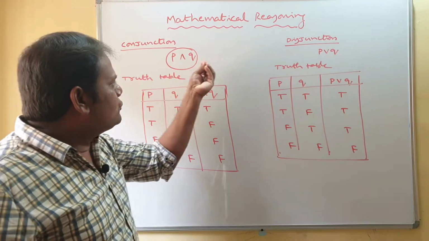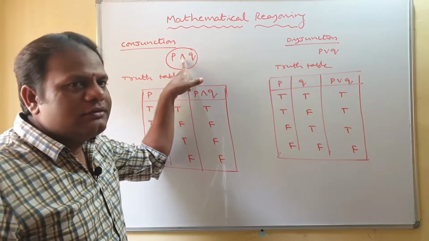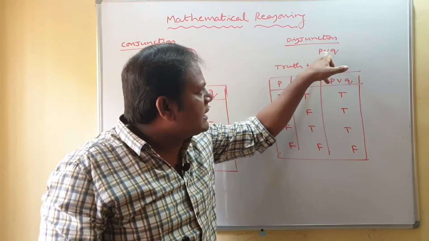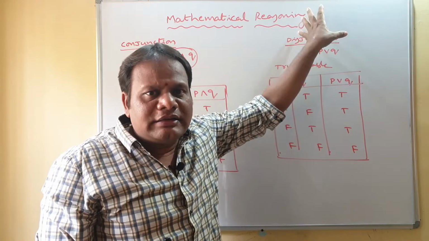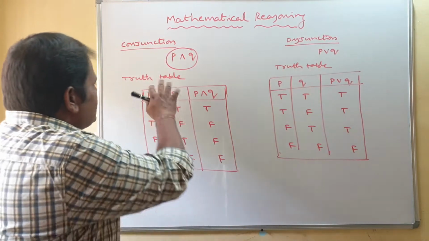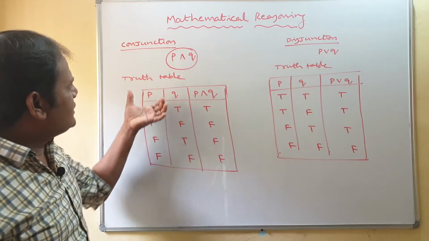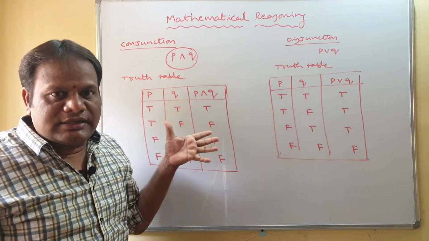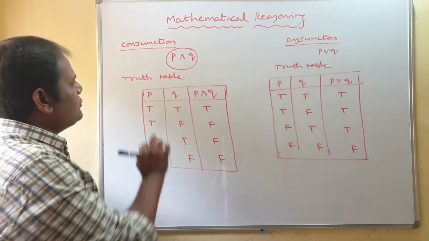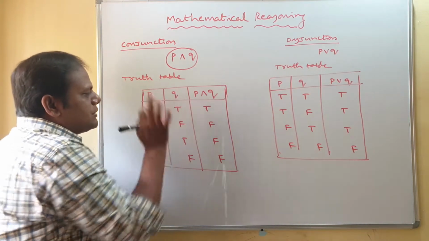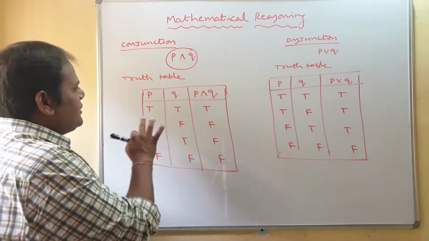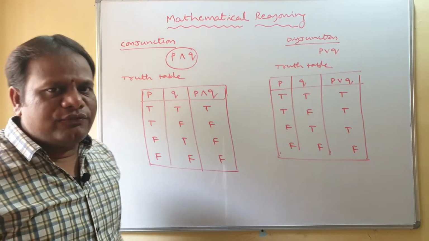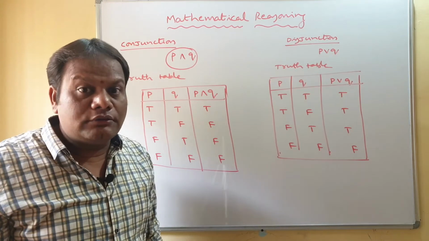If you use the connective 'and', that is called conjunction. If you use the connective 'or', that is called disjunction. First, I am going to discuss the truth table of P and Q, the conjunction. Here we have P, Q, P and Q. When it is true and when it is false, we are going to discuss.